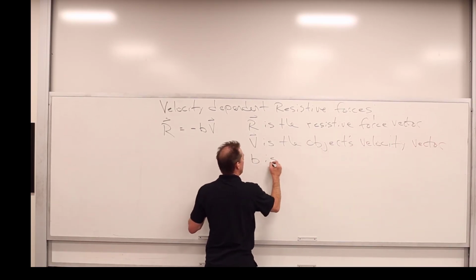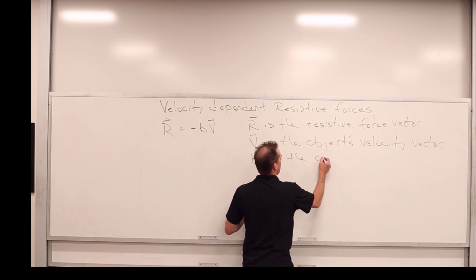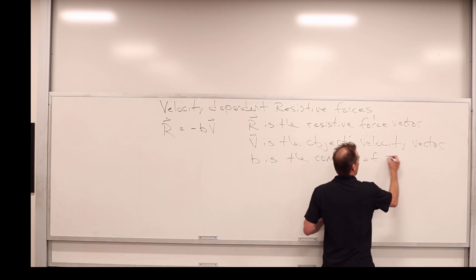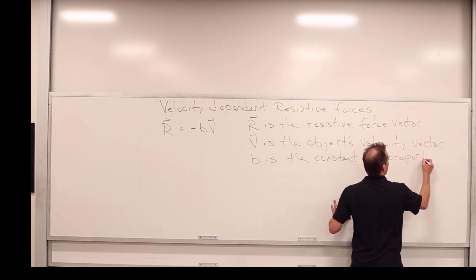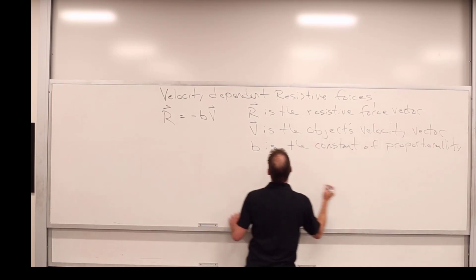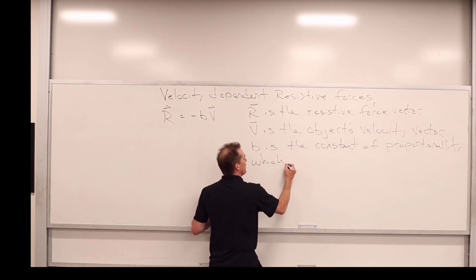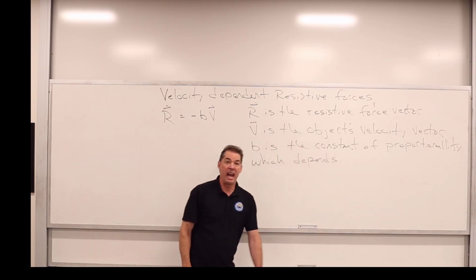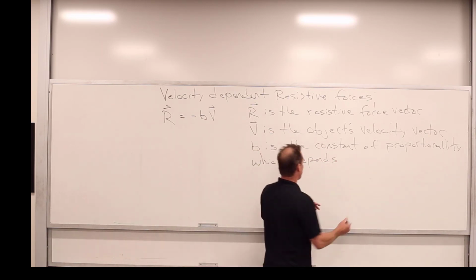And b is the constant of proportionality, which depends on the object and the substance through which the object moves.